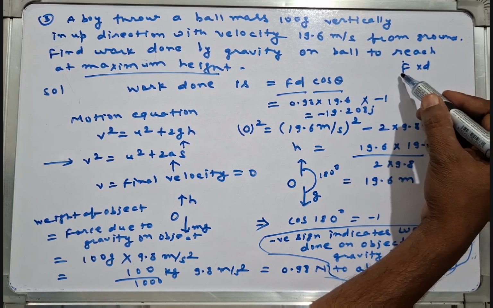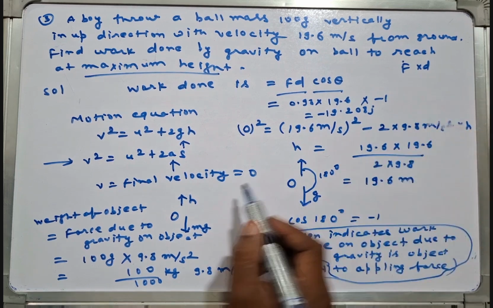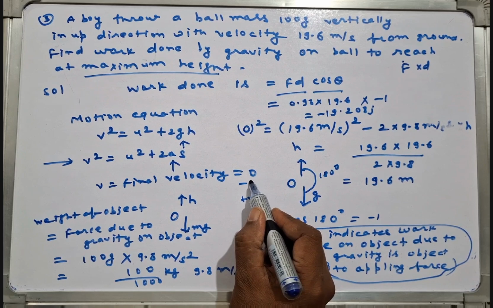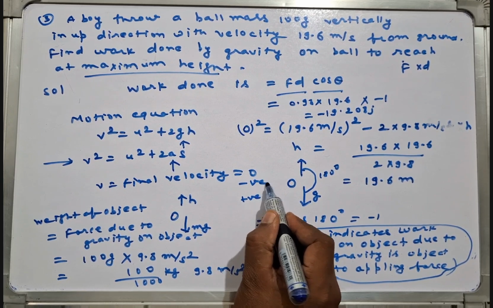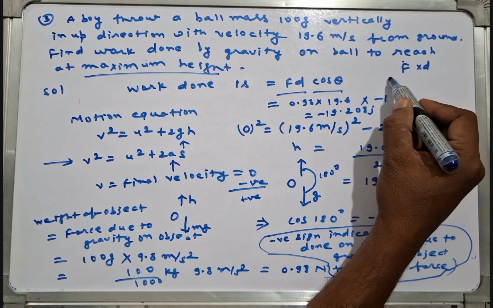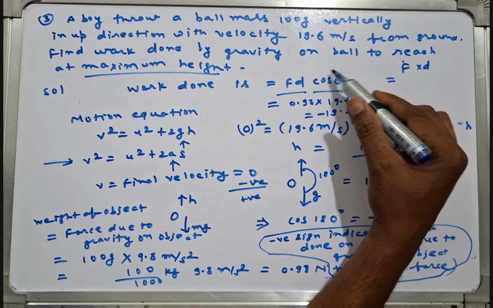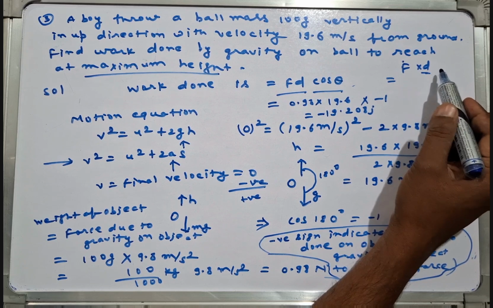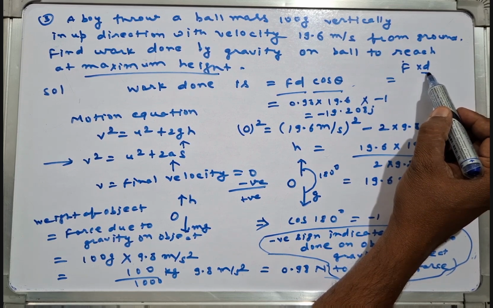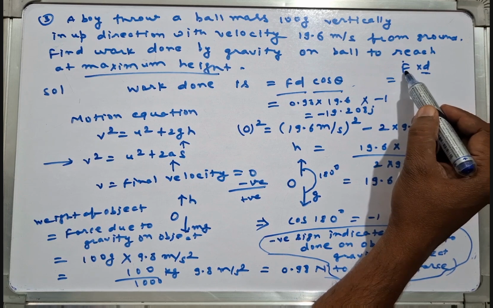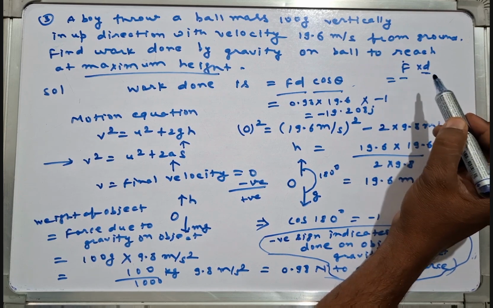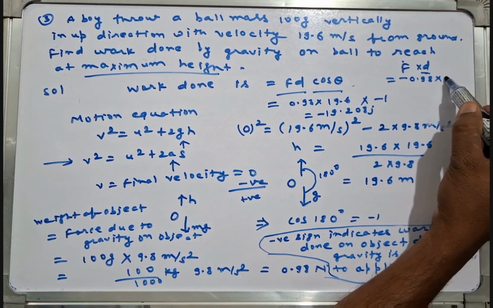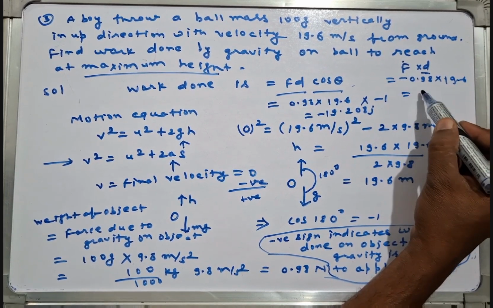If we say force in this direction is positive, then here displacement in this direction is negative. So if you only write D, you have to remember here displacement is opposite to force, so you put a negative sign. Again you will solve this one, then you will get the same result.